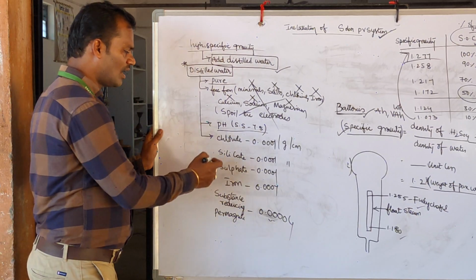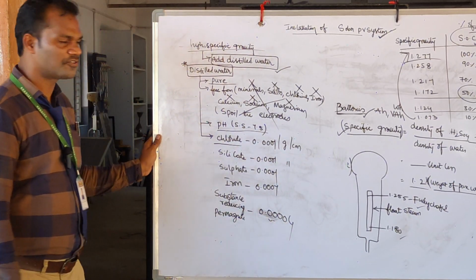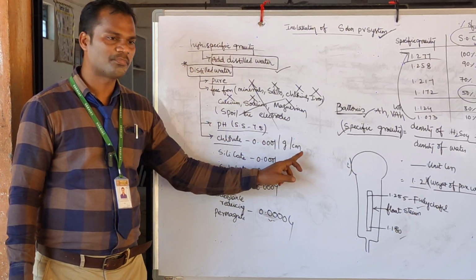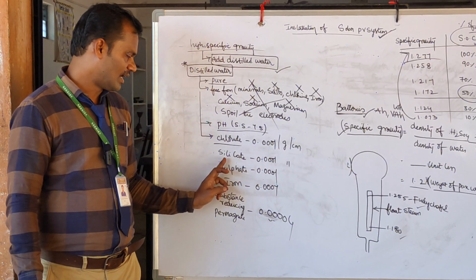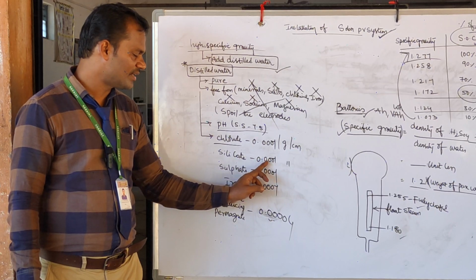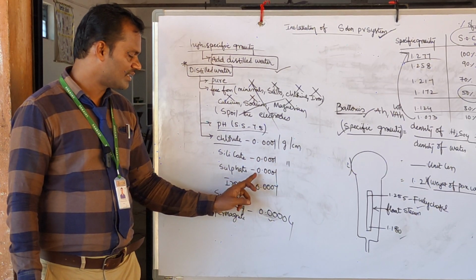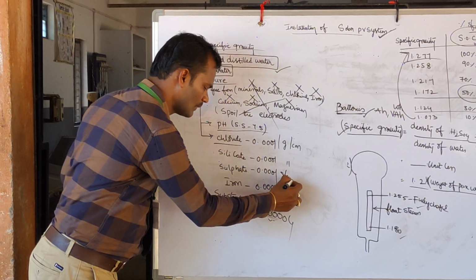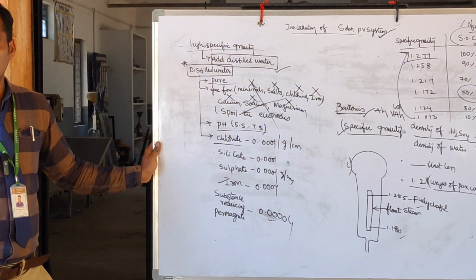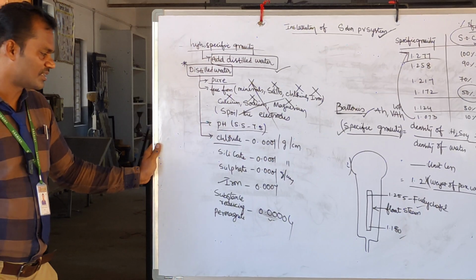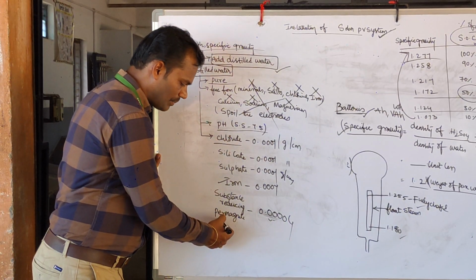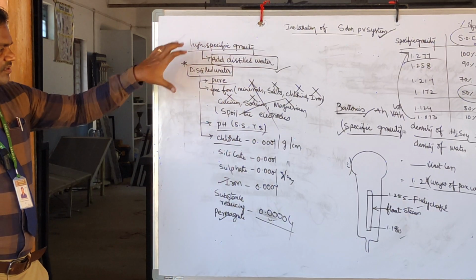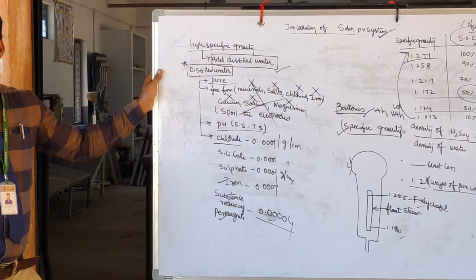And the chloride content in this distilled water should be 0.001 gram per centimeter, silicate should be maintained at 0.0001, sulfate at 0.001 gram per centimeter, iron at 0.007 gram per centimeter, and permanganate at 0.004. All this combination, when you go to a battery manufacturer shop, they will provide you as distilled water.